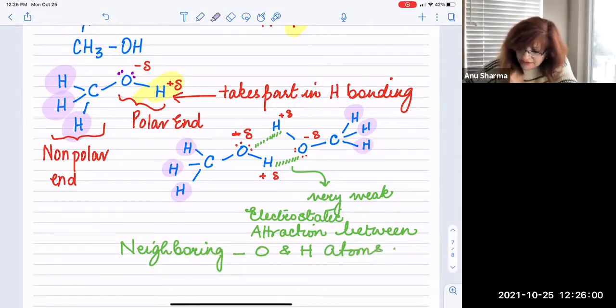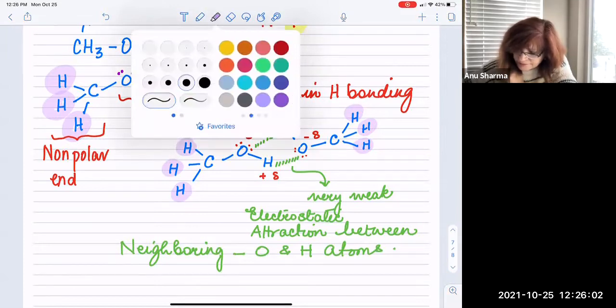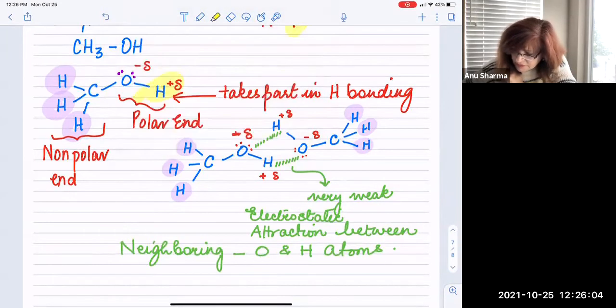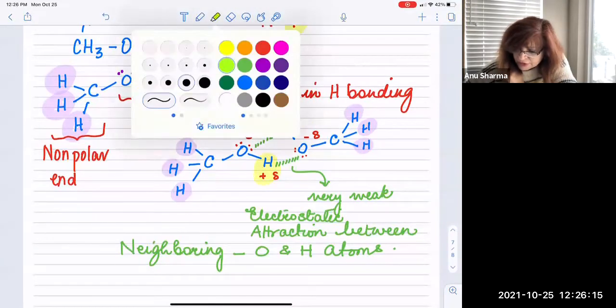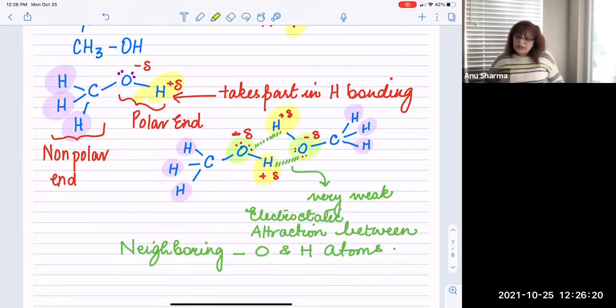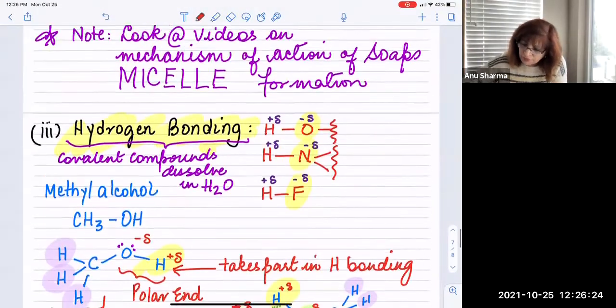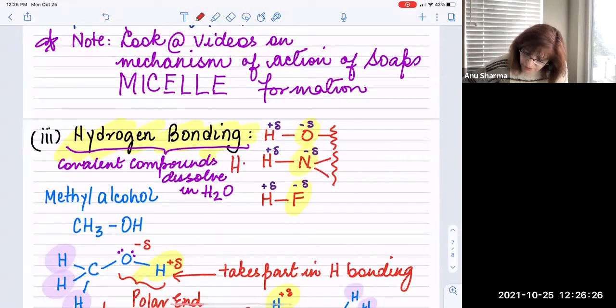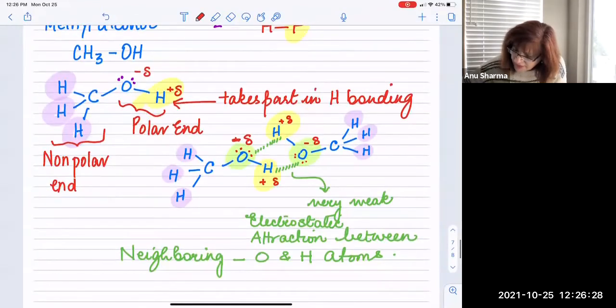You see that this hydrogen gets the lone pairs from the neighboring oxygen, and this hydrogen gets the lone pairs from the neighboring oxygen. So oxygens lend their lone pairs. Okay, so that is hydrogen bonding, HB.